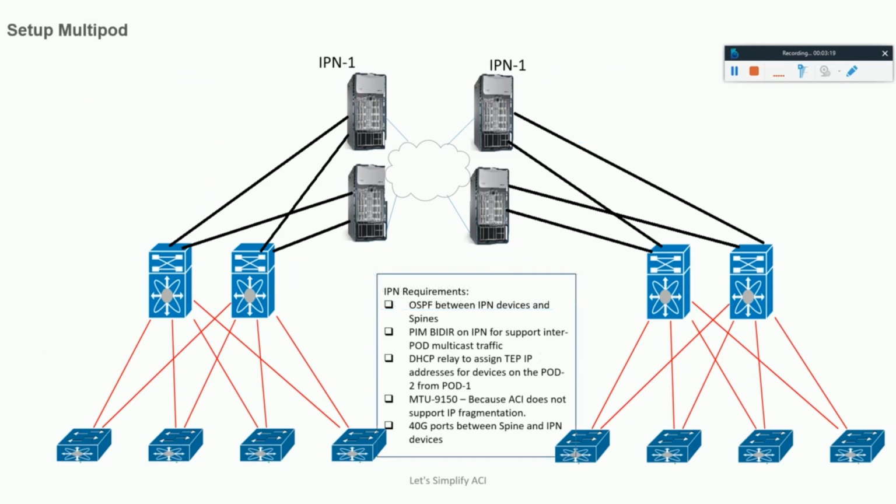All right. So let's set up the multipod now. As you can see here, these are the basic requirements that we need to configure on the IPN devices to make sure the multipod connectivity is established completely. The first point is we need to have OSPF configured between the IPN devices and the spines.